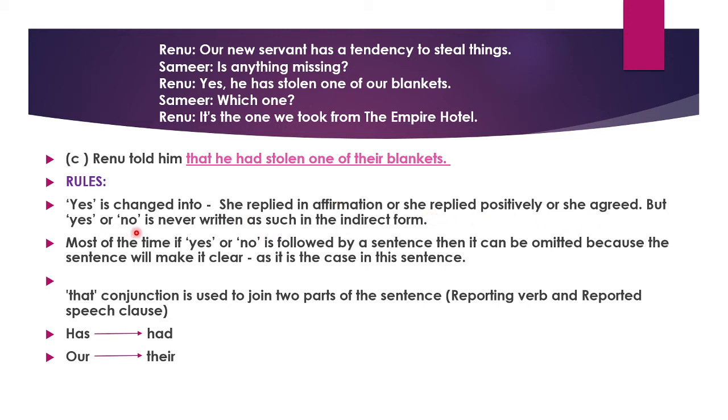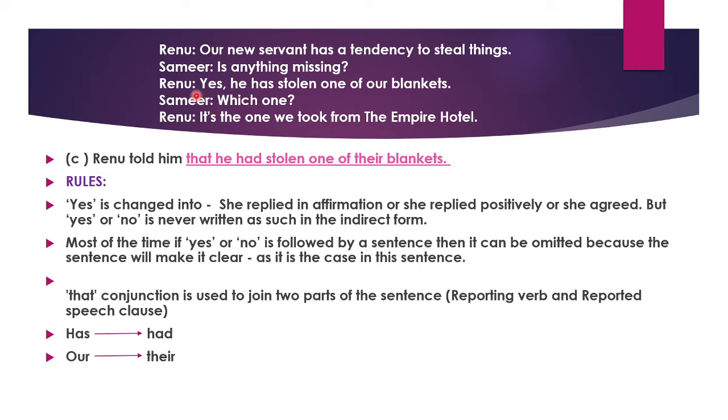But yes or no is never written as such in the indirect form. So when you are changing into indirect form, you are not to write yes or no as such. Either you have to change it into these phrases that I've given, or most of the time, if yes or no is followed by a sentence, then it can be omitted because the sentence will make it clear, as it is the case in this sentence.